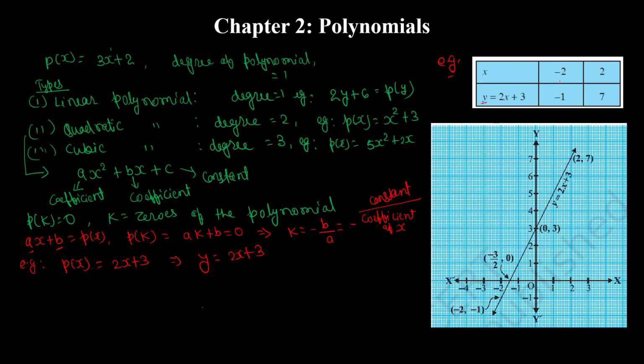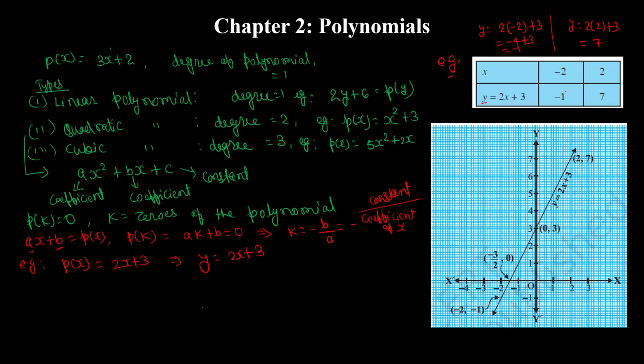When x is equal to minus 2, if you substitute the value here, what will we get? y equal to 2 into minus 2 plus 3. So this value is what? Minus 4 plus 3. That is going to become equal to minus 1. Similarly, if you substitute x equal to 2, then y equal to 2 times 2 plus 3, that is going to be equal to 7.